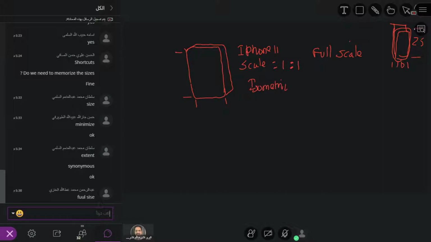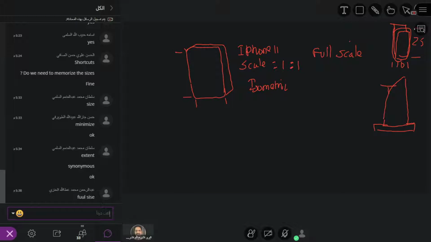This is an isometric view and full scale. Suppose the next thing I want to draw is a building on Cornish Road, the Cornish factory. You are drawing this elevation.